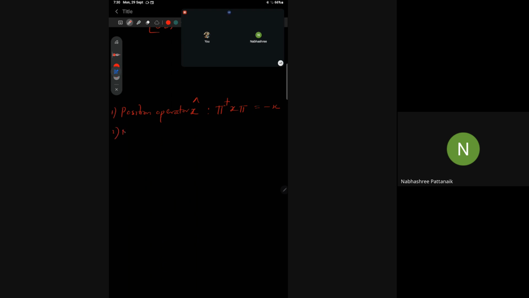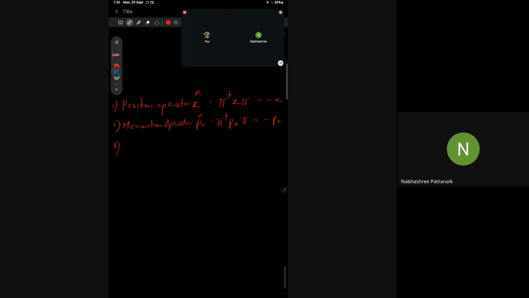For the momentum operator, pi dagger Px pi is equal to minus Px.